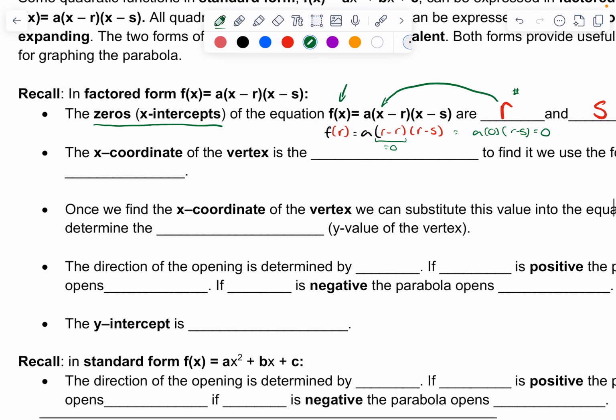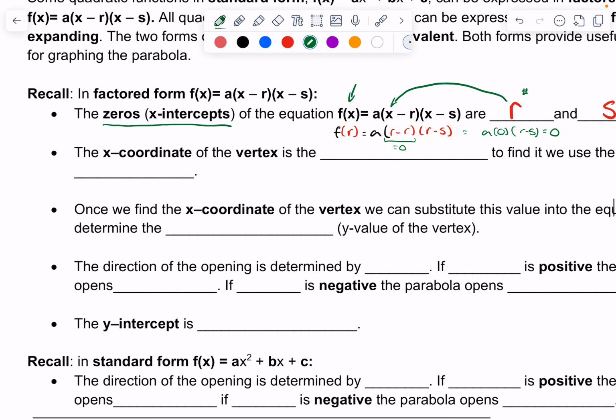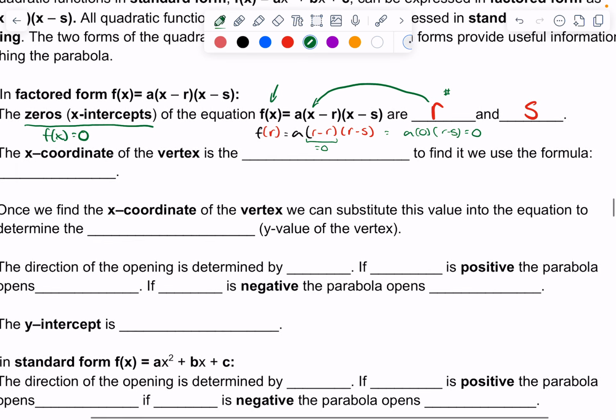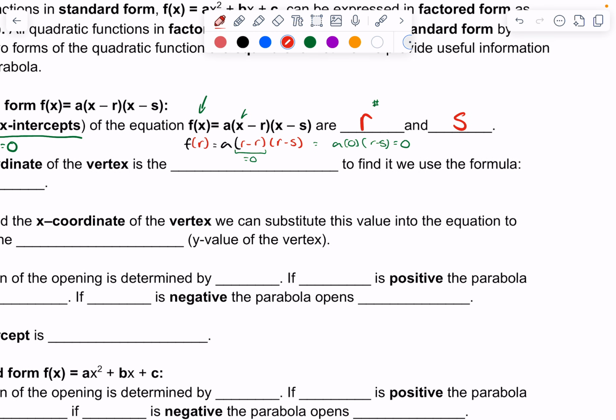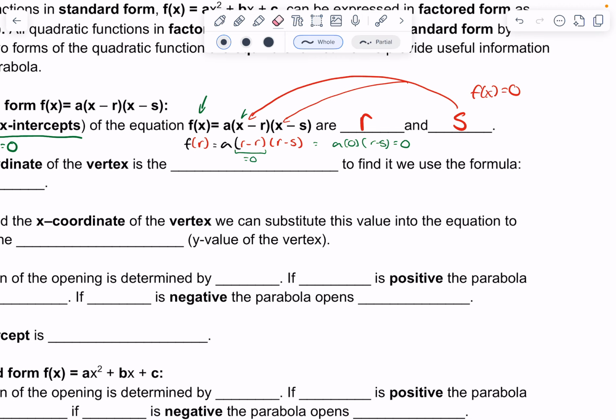And that's the key thing. X-intercepts occur when the function equals 0. So the same would be true if you took this s and plugged it in for that x; you would also get f of x equaling 0, okay? That's why we call x-intercepts zeros.